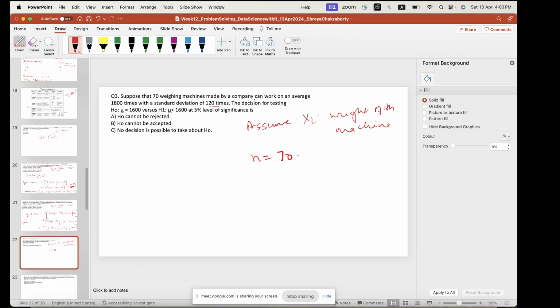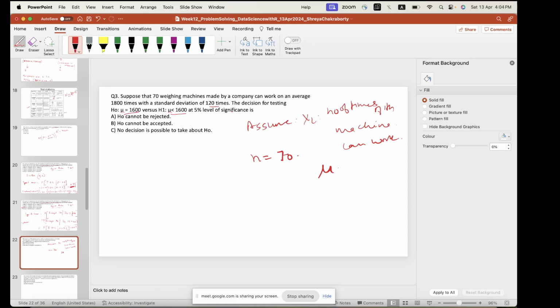Sorry, we have 70 weighing machines that can work on an average 1800 times. So xi is the number of times the ith machine can work. Alright, if mu is the average number of times the machine can work, this is our H naught, mu equal to 1600, and H1, mu less than 1600.